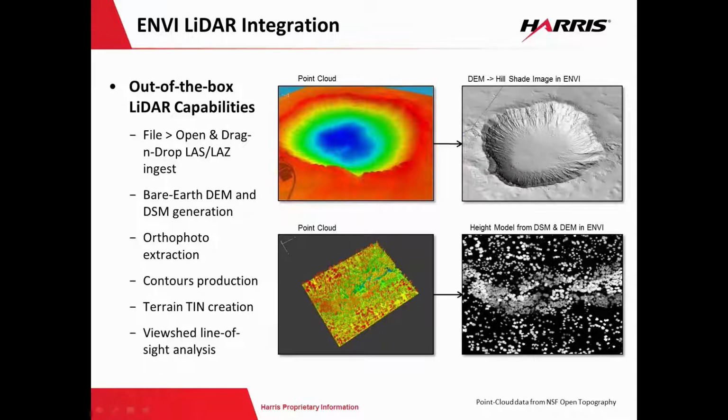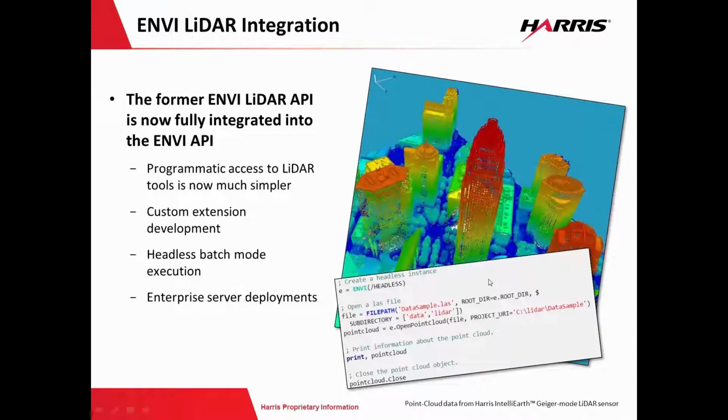That's the out-of-the-box capabilities. We also have fully merged what was formerly the ENVI LiDAR API into the ENVI API. Previously, this was a separate API. It was still built on IDL, just like the ENVI API is, but it was separate. You had to call it separately, and it required a different license to access those routines that are specific to LiDAR.